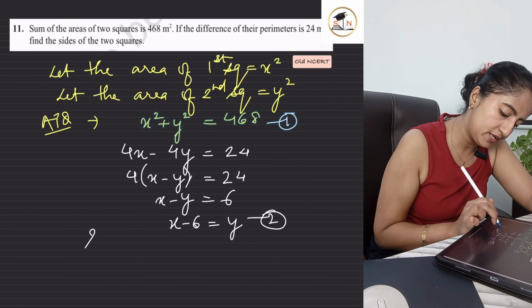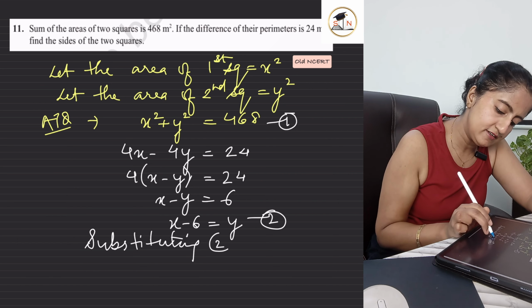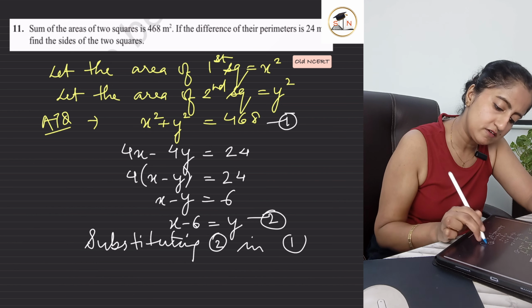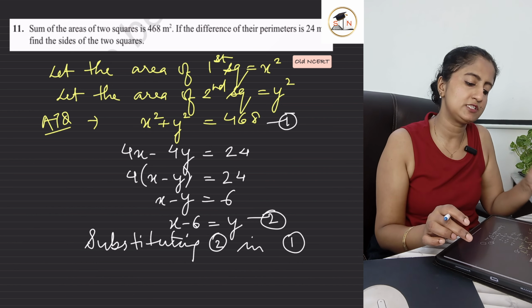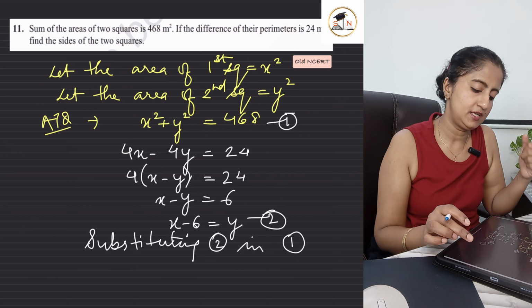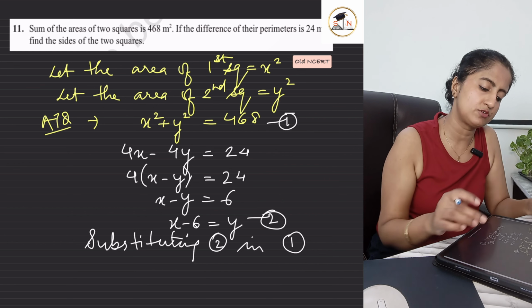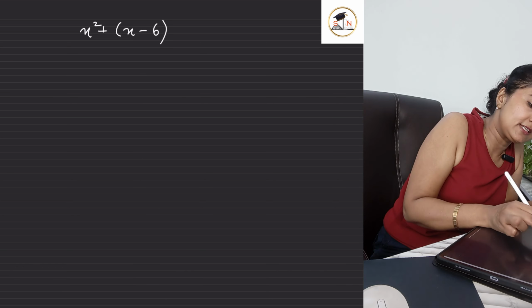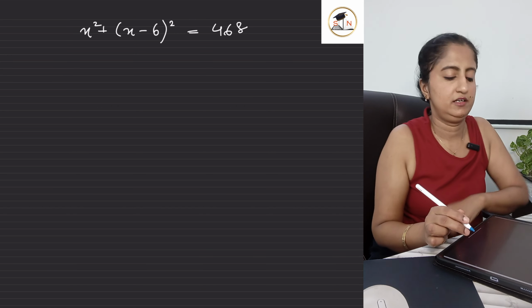Now, substituting second in first, right? We have x square plus y square equals 468 and we got y as x minus 6. So I'll just substitute this over there and we get x square plus x minus 6 whole square equals 468, right?